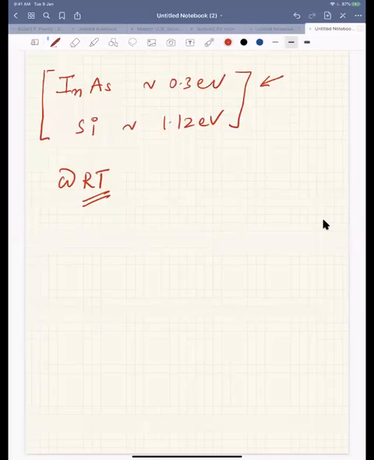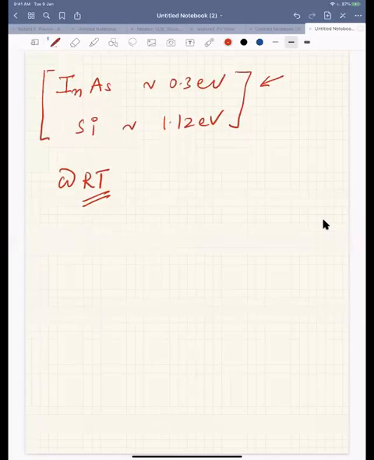Okay, definitely the sensitivity is higher in indium arsenide compared to silicon, because with temperature the number of electrons will increase faster in indium arsenide. So if you plot the conductivity with temperature, the slope is much higher in indium arsenide compared to silicon, right? Definitely the sensitivity will be higher for the indium arsenide temperature sensor.